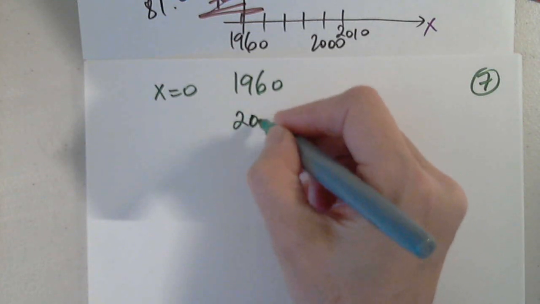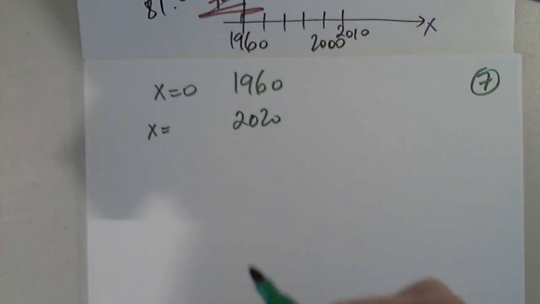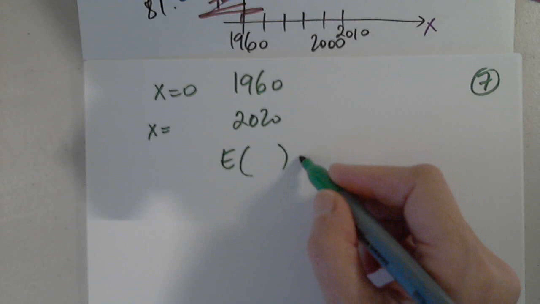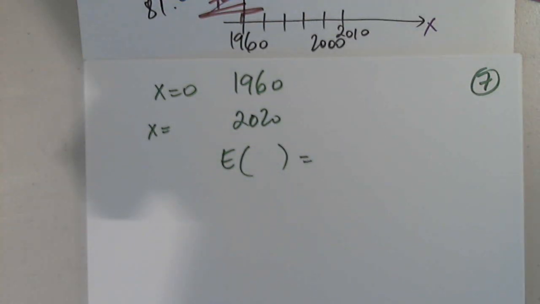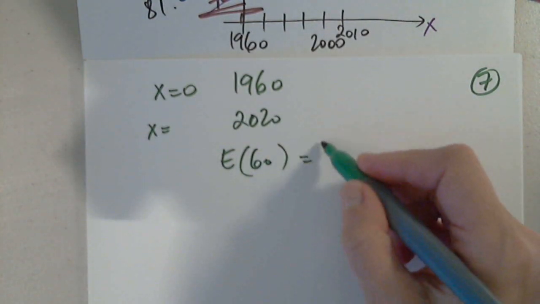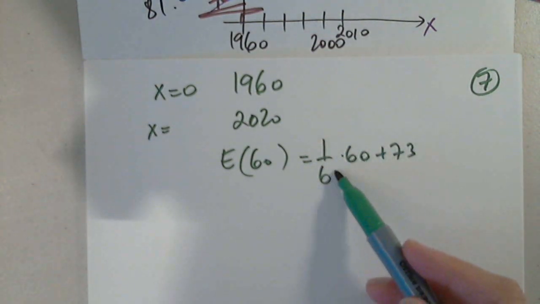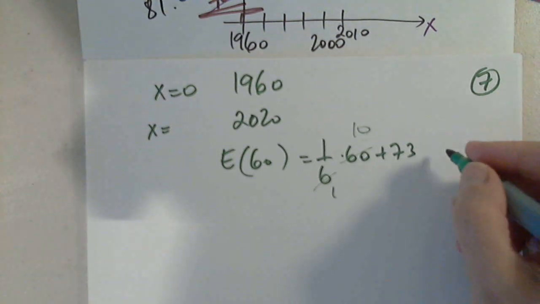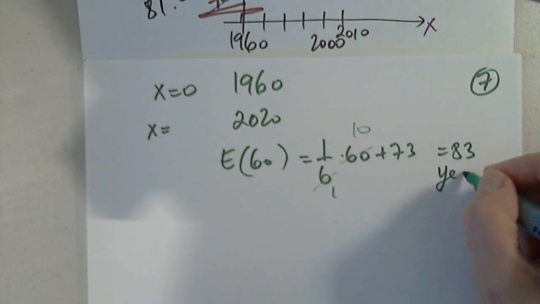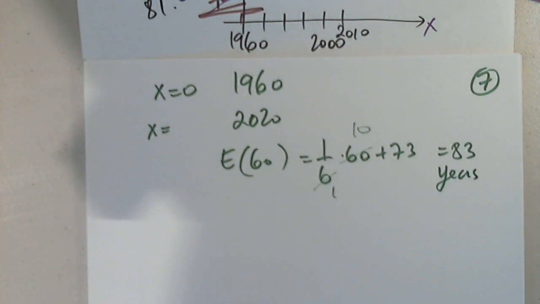So 2020 will be what? And that is the number that I will have to plug in. And you'll tell me what would you plug in. I'll plug in 60. So we will plug in 60. Very good. So we have 1/6 times 60 plus 73. This is 10. So 83 years old, or 83 years.